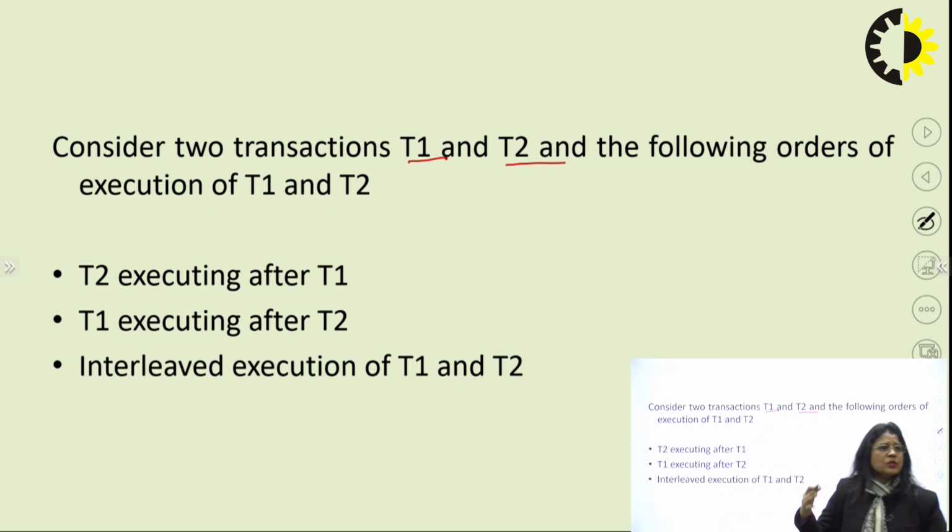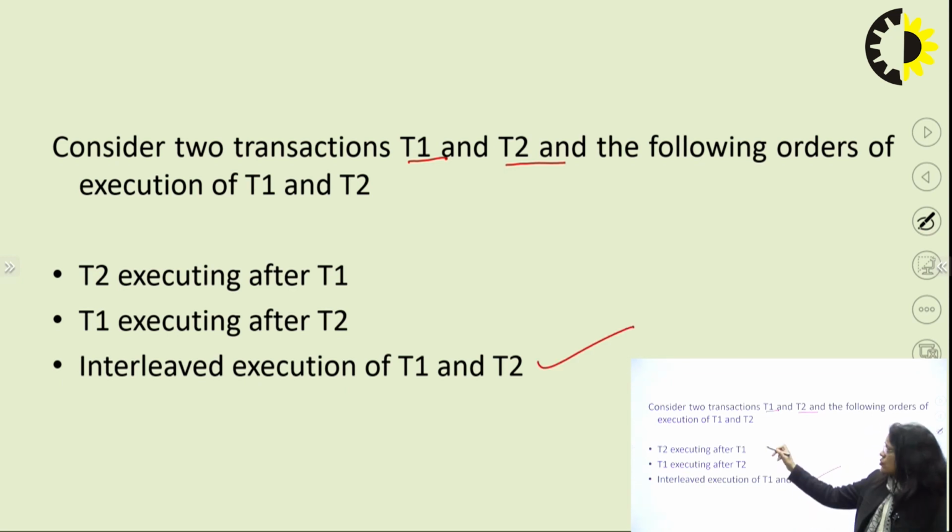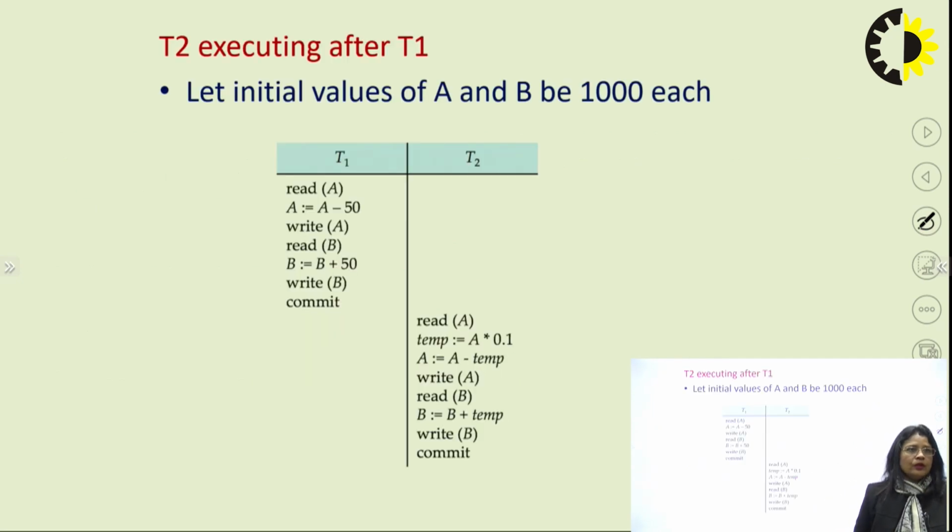What are the possibilities if we are executing serially? T2 executing after T1, or T1 executing after T2. If we want interleaved execution, that may be possible too, right? So there are three possibilities: two serial, and an interleaved execution of T1 and T2.